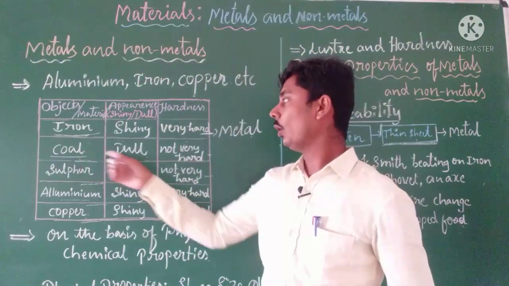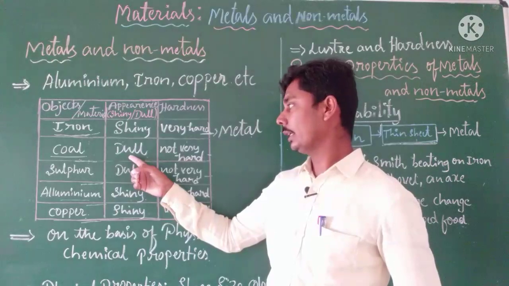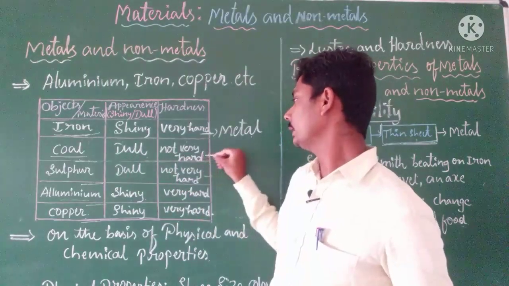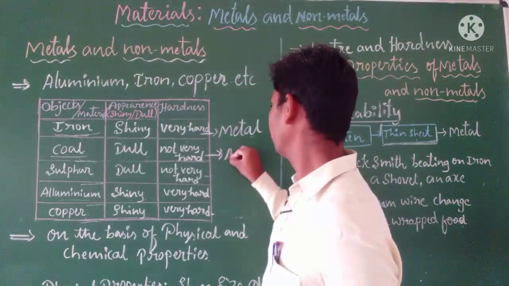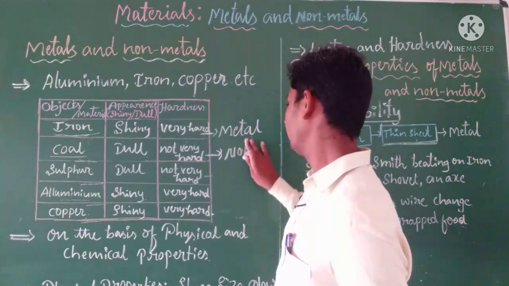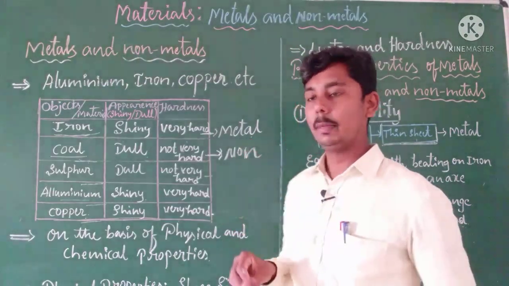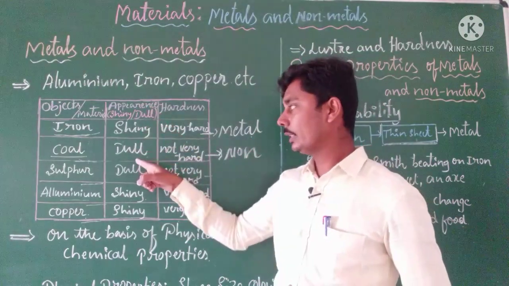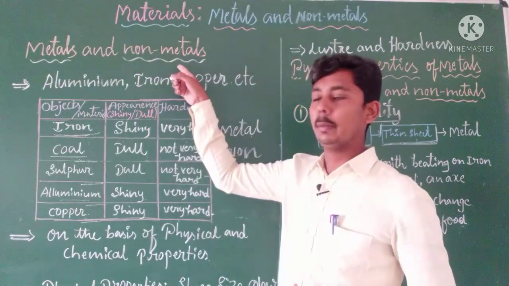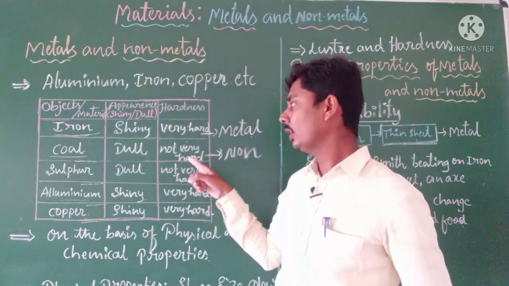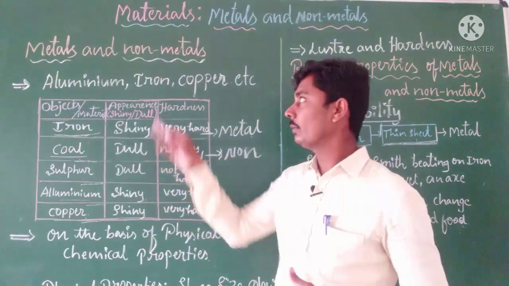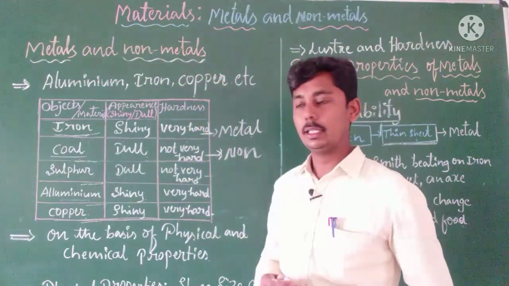Okay, and coal has a dull nature and is not very hard. This is a non-metal. These are the physical properties of non-metals: dull and not very hard.